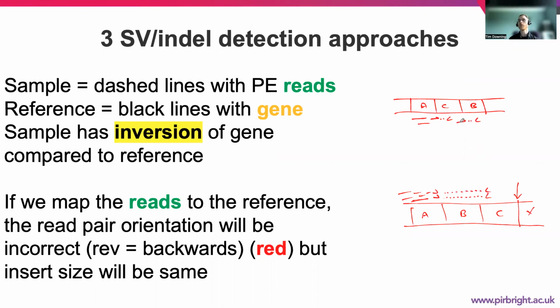Secondly, if we're mapping from, well, C is inverted. If we note also that this is an inversion, so this is 3' to 5'. What I should say is that it will actually be the other way around. So the orientation will also be changed. If we map from this, we'll note this read is going from the 5' of A into the middle of B, but B in the other orientation.